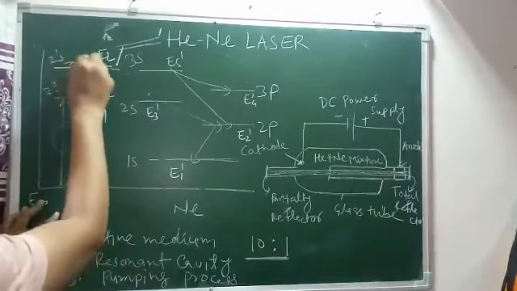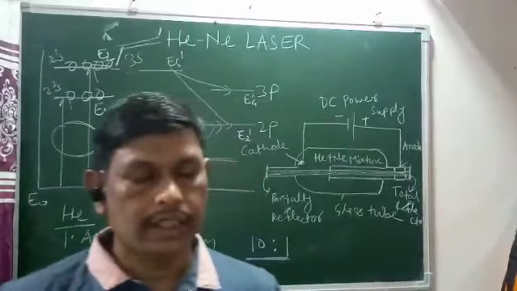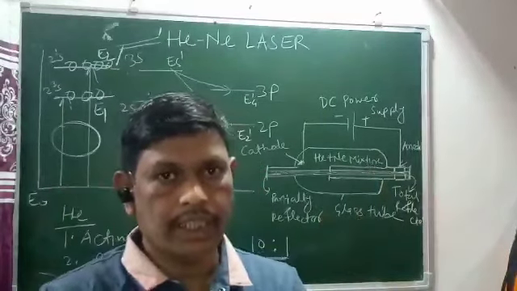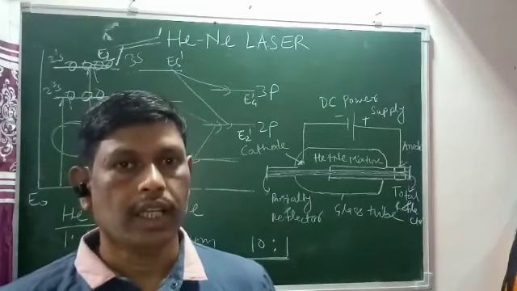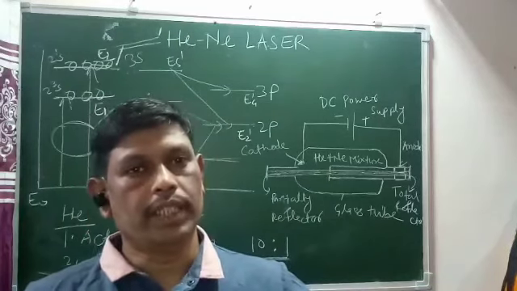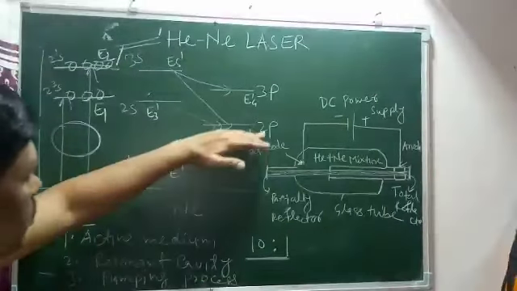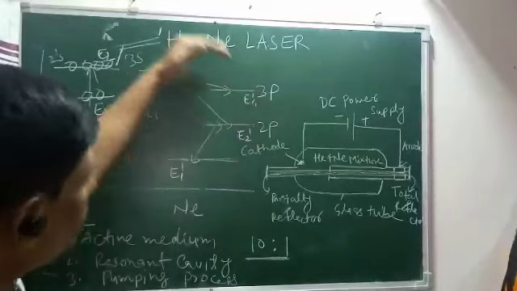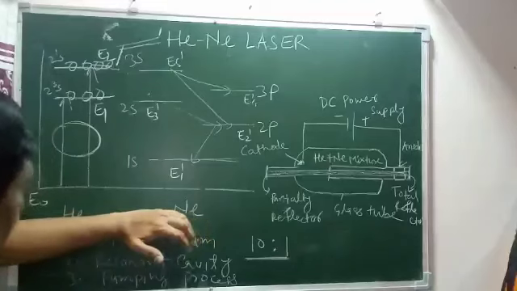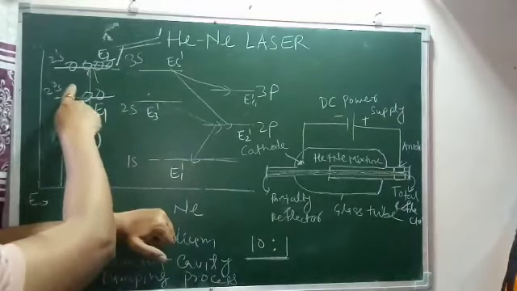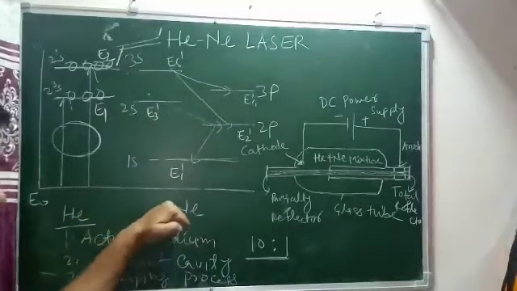These particles interact with the ground state neon particles and provide some energy to them, and stimulate the neon particles to form the energy levels E1 prime, E2 prime, E3 prime, E4 prime and E5 prime. So after the interaction of the excited helium with the ground state neon particles, this energy state can be drawn.